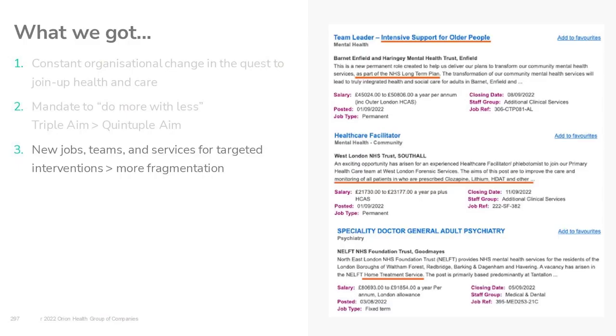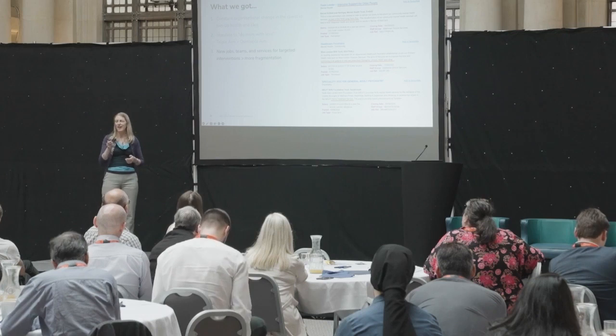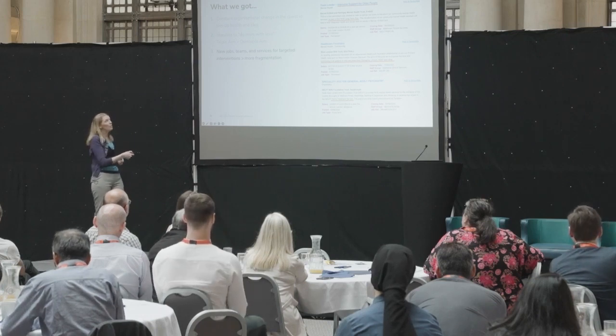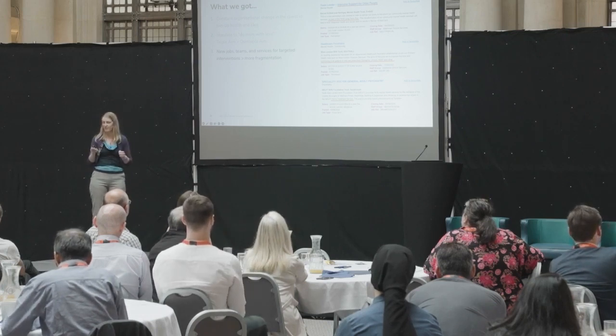Here's another few examples. Support for older people, driven by the long-term plan. Healthcare facilitator, they're just interested in people who take clozapine, lithium, and other mental health drugs. So every single example here points to targeted interventions and resources being dedicated to those people. But the net outcome of all of that is more fragmentation than ever.